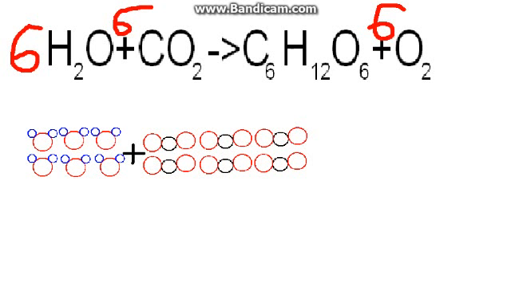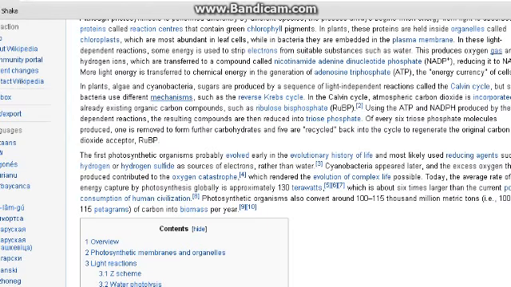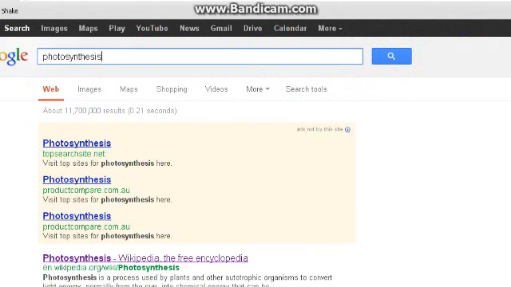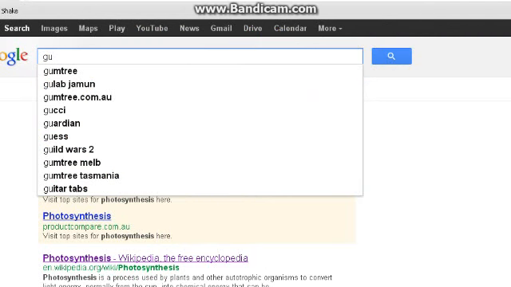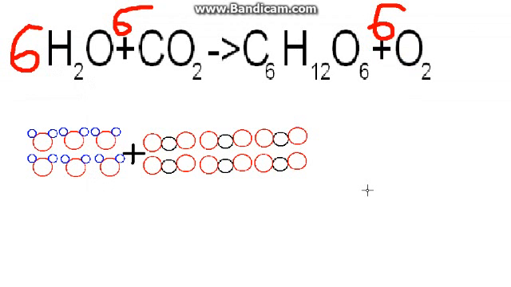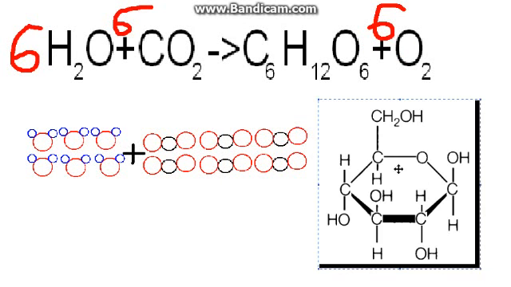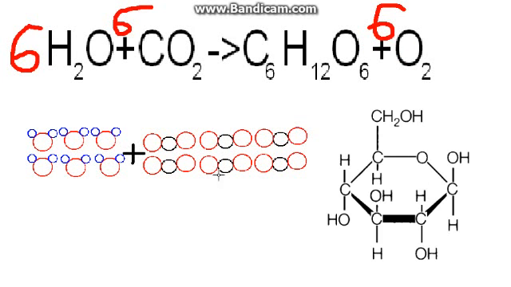But we don't even know what a glucose molecule looks like. Or do we? Turns out it looks like this. Woo! Now let's see if we can turn this into this. We'll have to match all the atoms up with this.